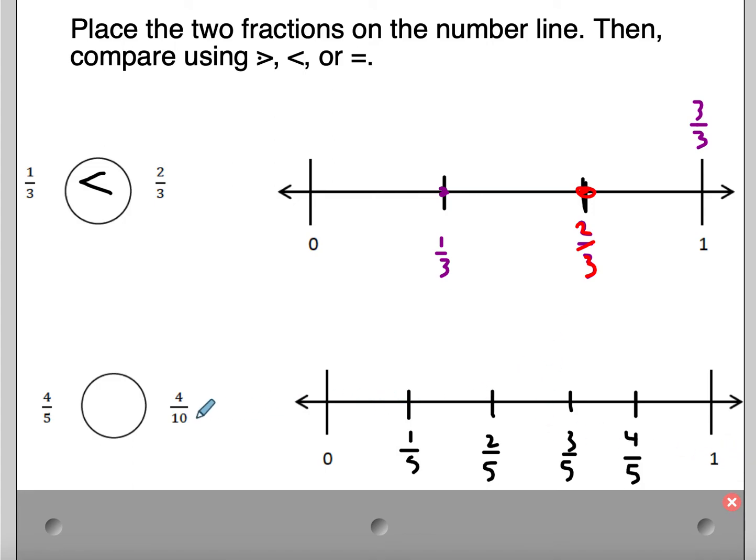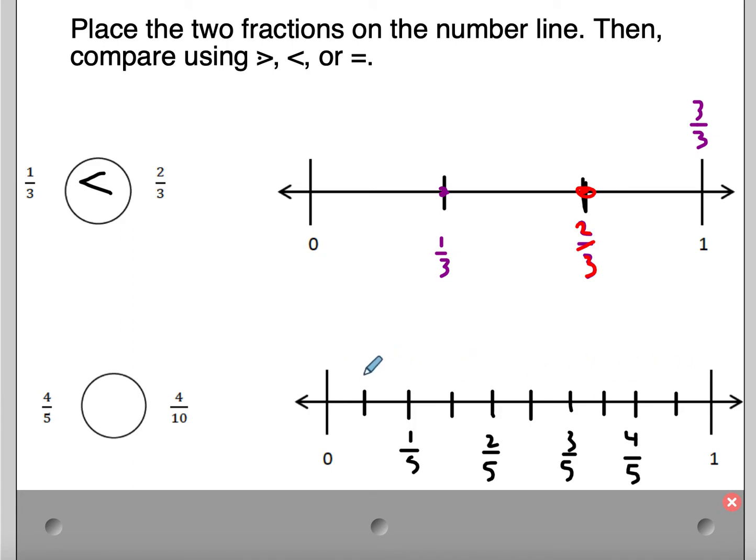Now I want to represent tenths, and tenths are actually pretty easy, because that just means I'm going to split all these fifths in half. Tenths are twice as much as fifths, meaning they have twice as many pieces, right? So I'm going to go ahead and split all my fifths in half to make tenths. I now have 1, 2, 3, 4, 5, 6, 7, 8, 9, 10 equal parts. And I'm going to represent those tenths on top.